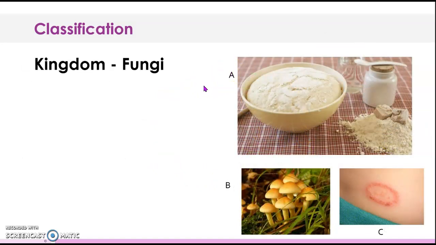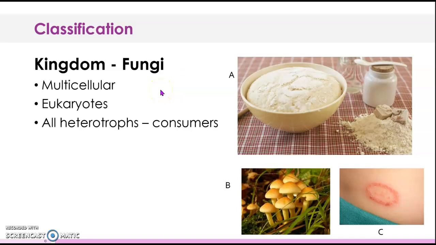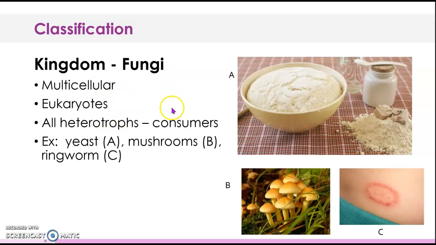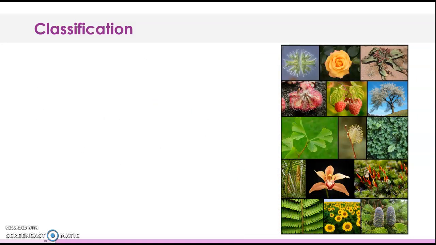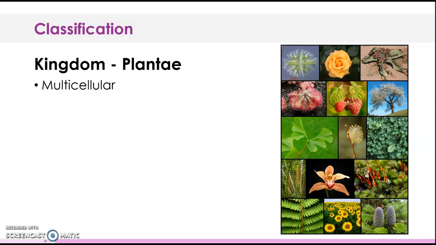Okay, let's look at the next one. Kingdom fungi. These are multicellular. They're also eukaryotes. All heterotrophs, they're consumers. They consume. They cannot make their own food. Examples are yeast, mushrooms, and ringworm. Kingdom Plantae.